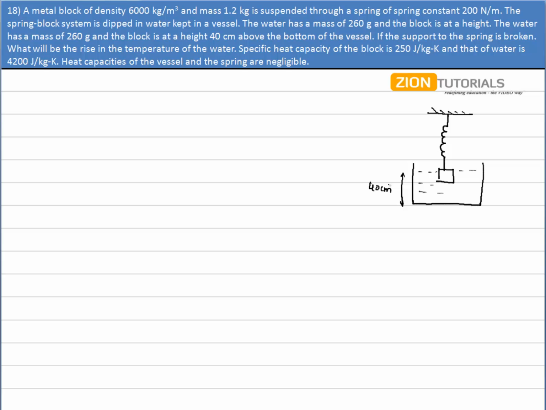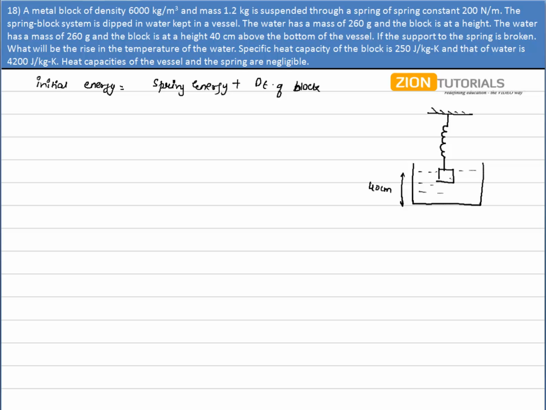So again, the change in the energy of the system is equal to the rise in the thermal energy of the system. Fine, so this is the concept. I'll write the initial energy of the system first of all. The initial energy is first of all the spring energy plus the potential energy of the block.